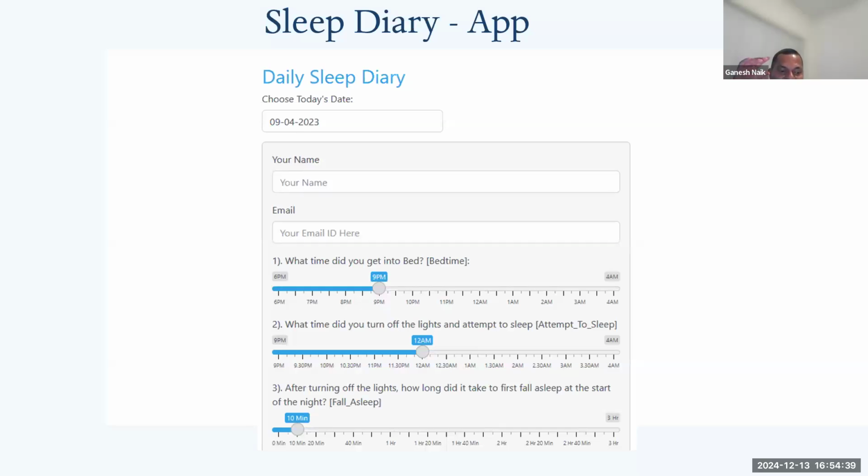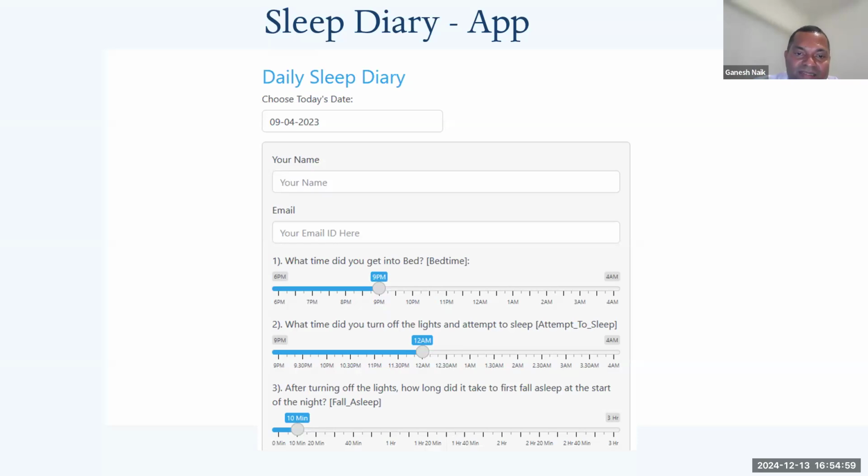You connect the Google Sheet with the R Shiny app and run it on their free server. For commercial use, you would have to run it on your own server. So this is the sleep diary I developed.